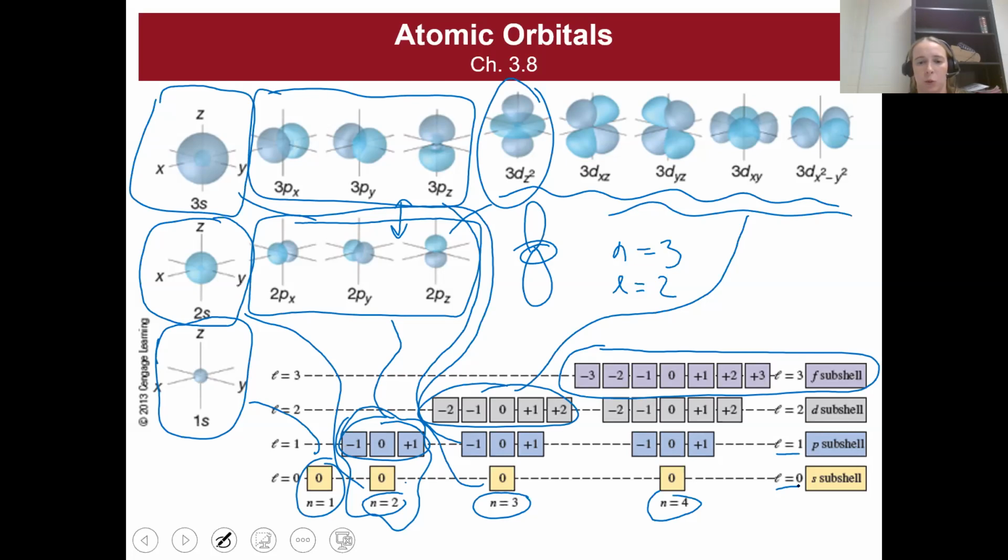When we go up to n equals 3, we have 5 options for L equals 2, still 3 options for L equals 1, and 1 option for L equals 0. So in total, we have 9 options. So 1, 4, 9. You don't need to remember this pattern, but you should remember how this organization is set up, okay?